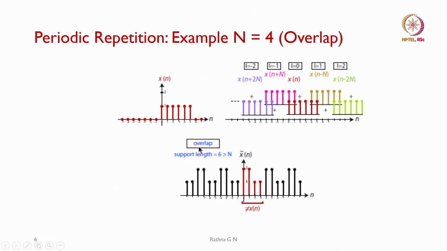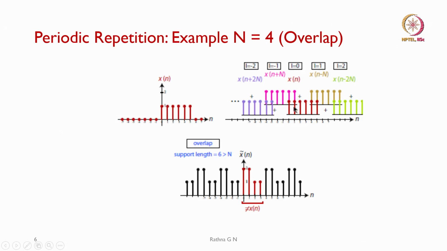So, coming to if there is an overlap in the periodic repetition, how it is going to look, we will see it here. Here also N is equal to 4. Our x of n has 6 samples in this case, and we are taking N equal to 4.